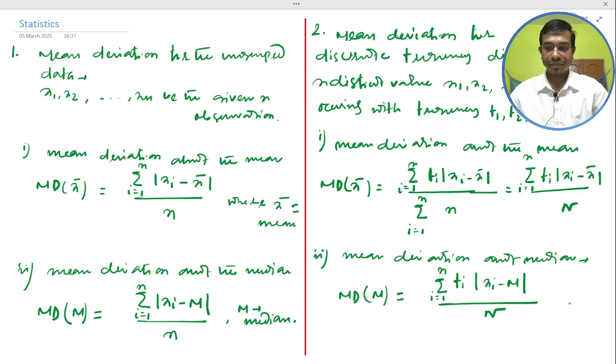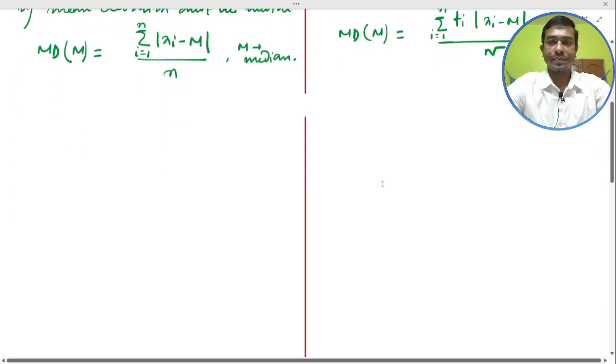Next, mean deviation for a continuous frequency distribution. Number 3.